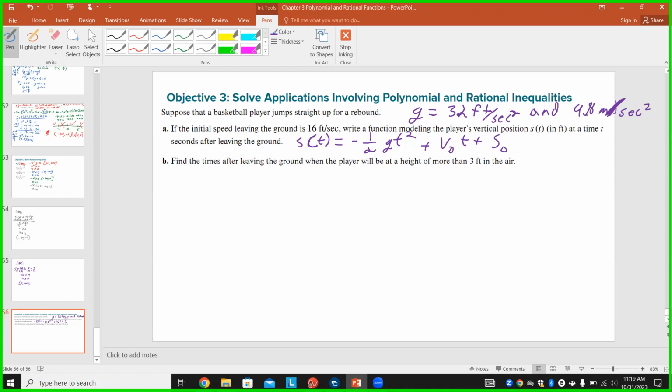All right, ready? Okay, so in part A, I'm literally just going to plug in what I know and simplify. So I have S of t equals -1/2 times gravity. Am I going to use 32 or 9.8, and how do you know?